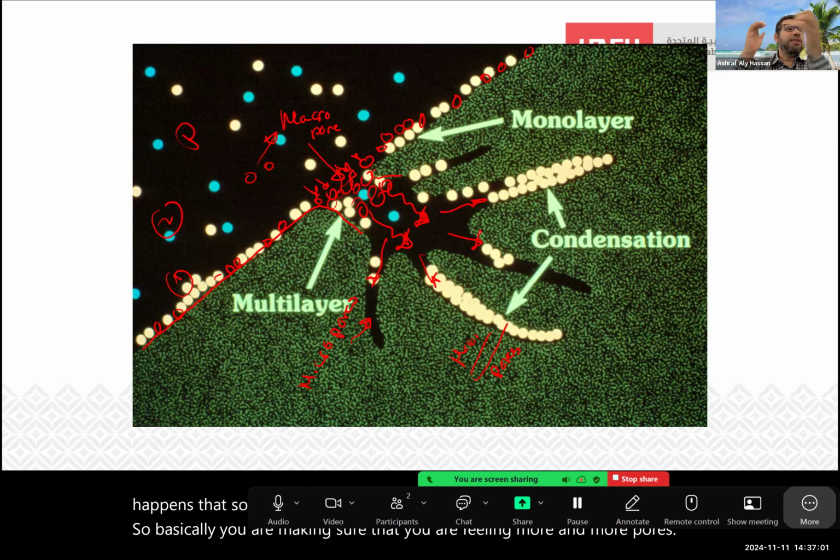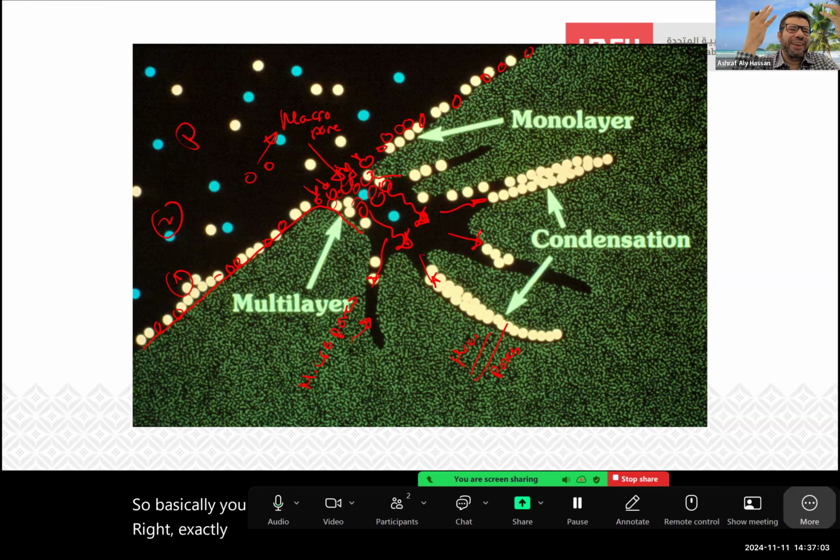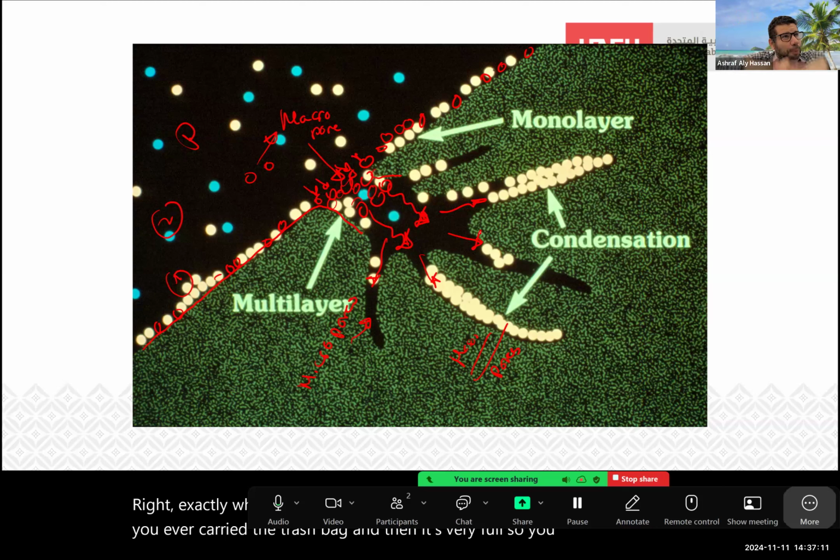It's exactly what you do with a trash bag. Have you ever carried a trash bag and it's full? Yeah, it's very full. So you push, you apply pressure to reduce the volume, so you can close the bag well and take it, or take more things inside. That's exactly what happens when you have higher pressure.